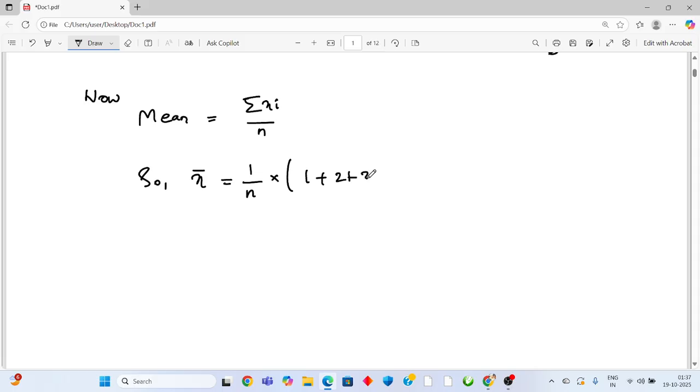Now, mean is equal to the sum of all observations divided by n. So our mean will be 1 by n times 1 plus 2 plus 3 up to n, the sum of the first n observations. So 1 by n times n into n plus 1 by 2, which gives us n plus 1 by 2.